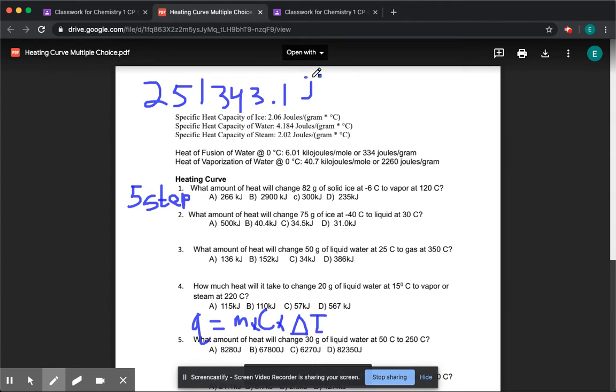This is joules. Everything is in joules. But the problem has the answers in what? The problem has the answers in kilojoules. Okay, so we have to divide that by 1,000. And we get 251.3 kilojoules.